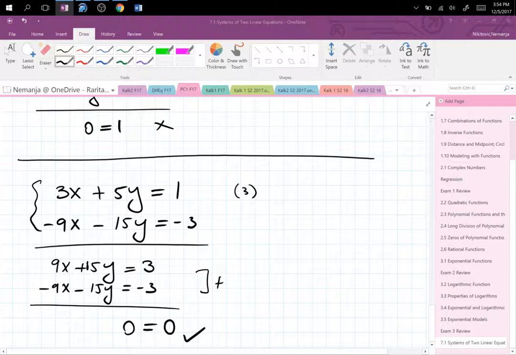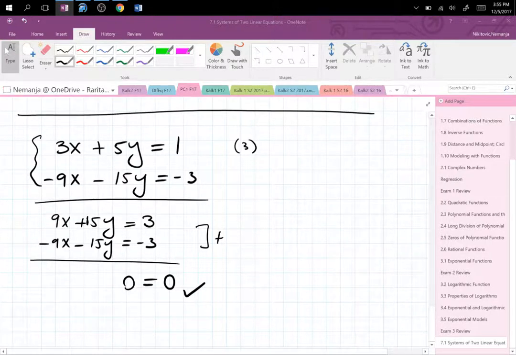When you add these guys, you get 0 equals 0. Now that's the true statement. Right? 0 equals 1 from the previous example is not a true statement. Therefore, you don't get to have a solution. But now you have infinitely many solutions because this is a true statement, and whatever points lie on these lines are the solution.